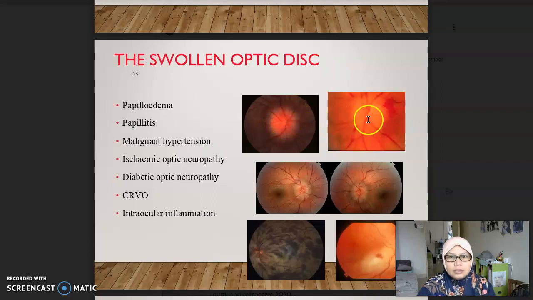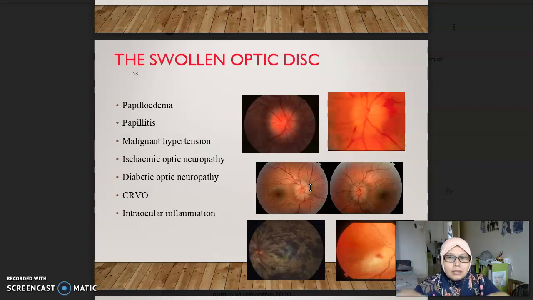In a swollen disc, you will never be able to see the cup. It can be papillitis or whatever. But this one, bilateral optic disc swelling, you see the margin is not clear, and you can see that the optic disc is bulging out. So that is definitely swollen.